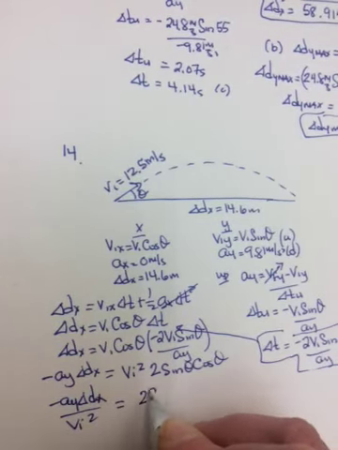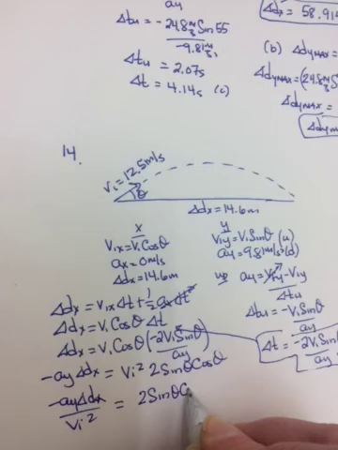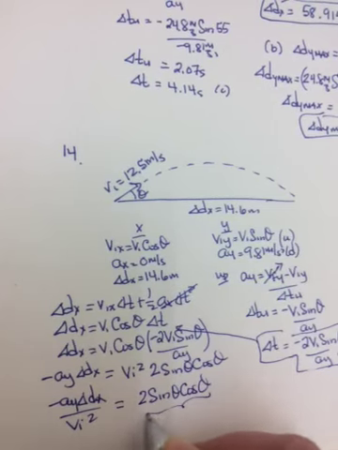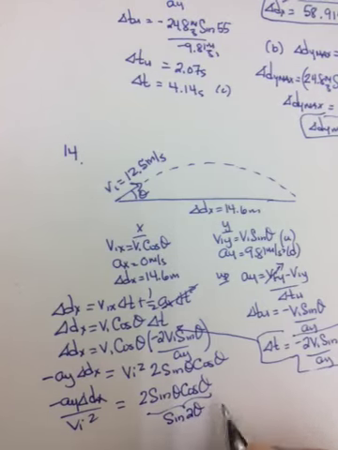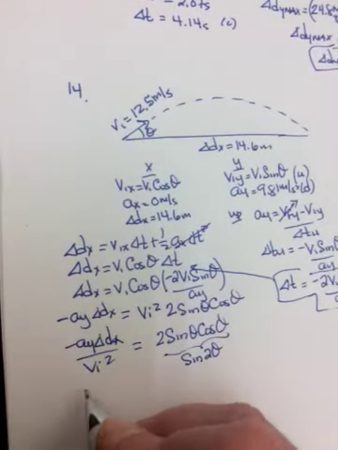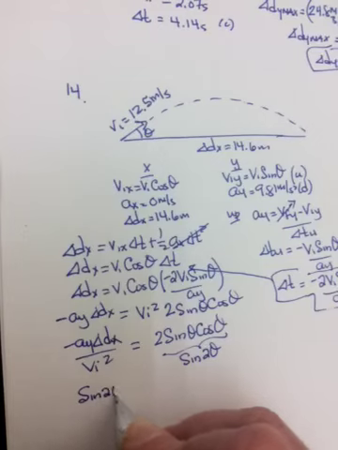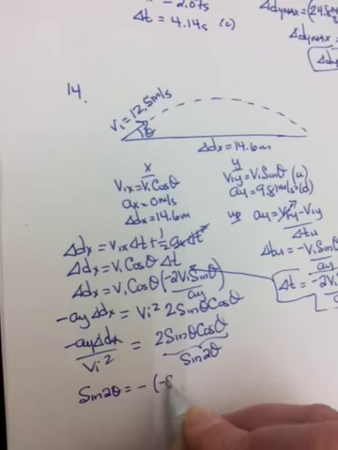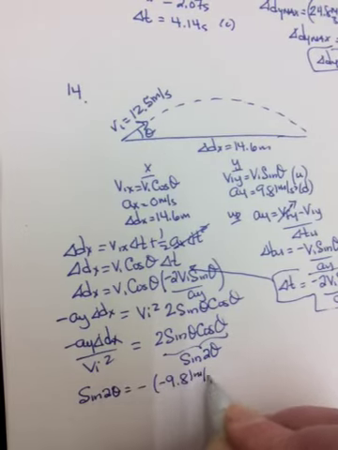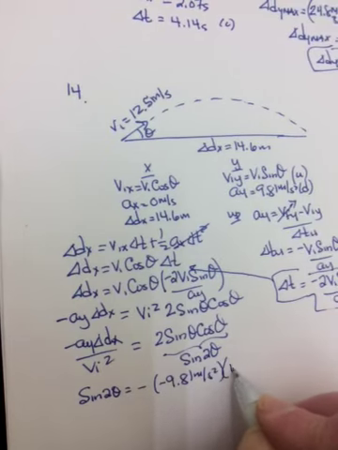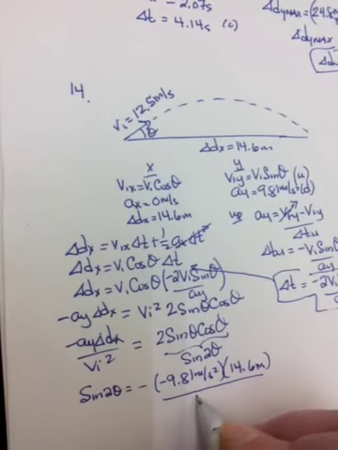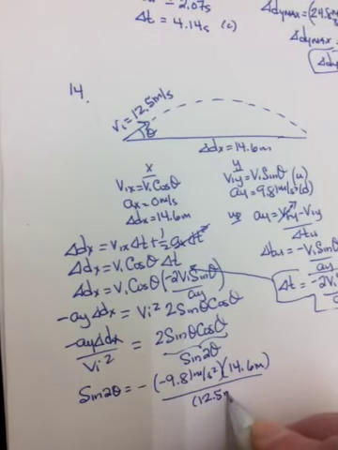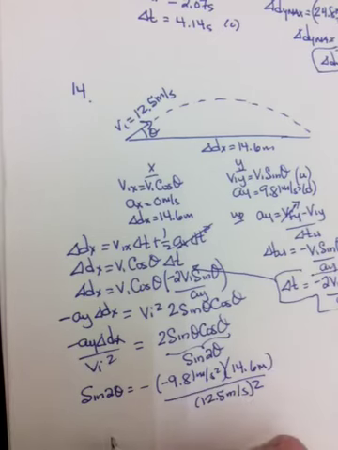I'll be left on this side with 2 sine theta cos theta, which we saw yesterday in class. You have to use the trig identity. This will be sine 2 theta. And so we'll have sine 2 theta equals negative minus 9.81 meters per second squared, delta dx is 14.6 meters, and this is 12.5 meters per second squared.